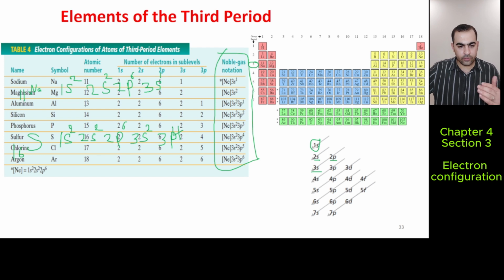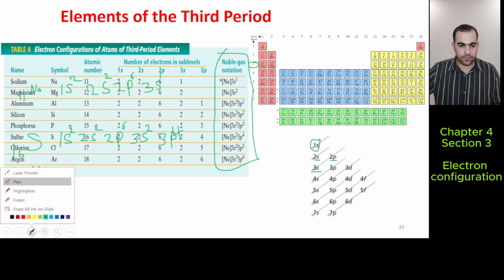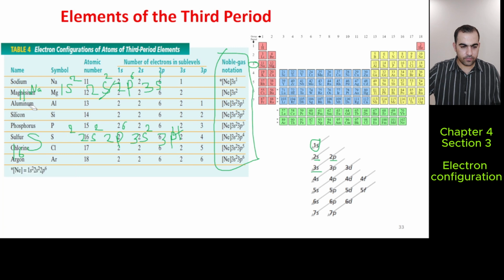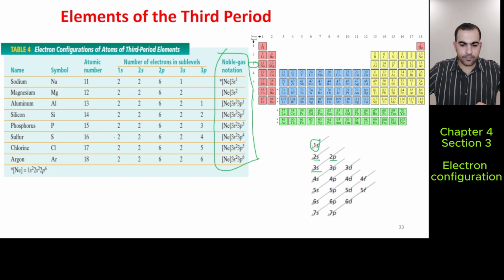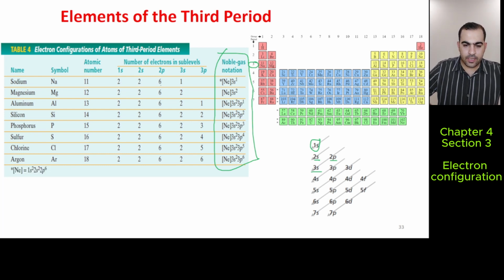The first 10 electrons of the third period. Noble gas is important, you need to know it. Ten electrons means 1s2, 2s2, 2p6.